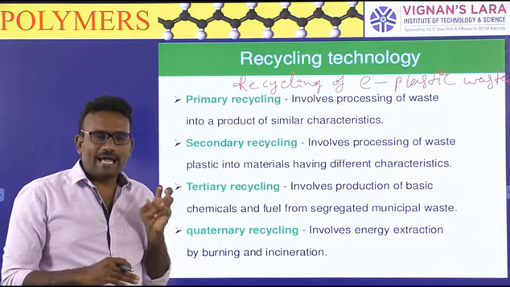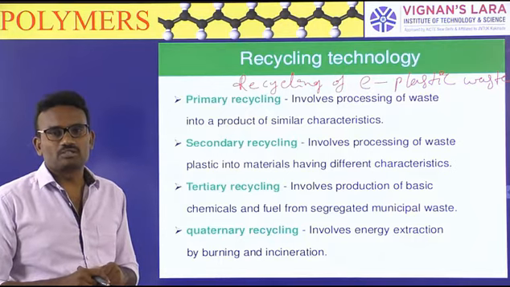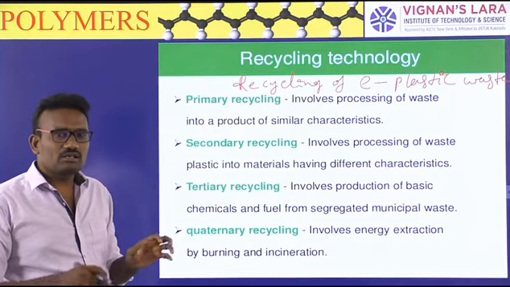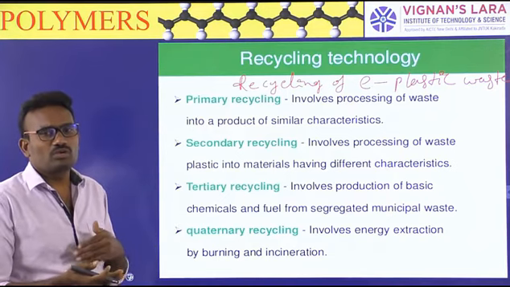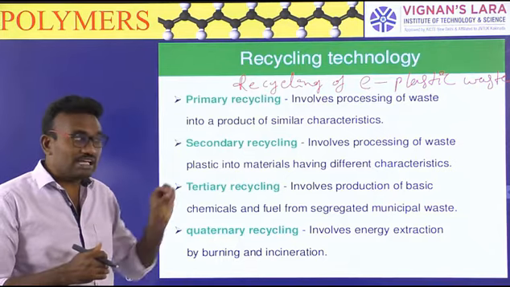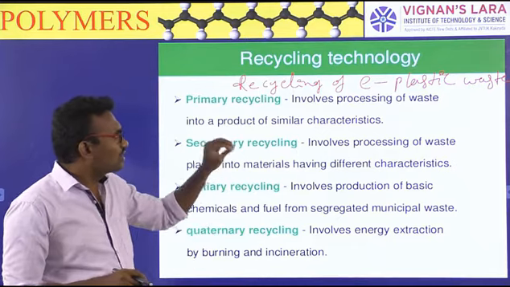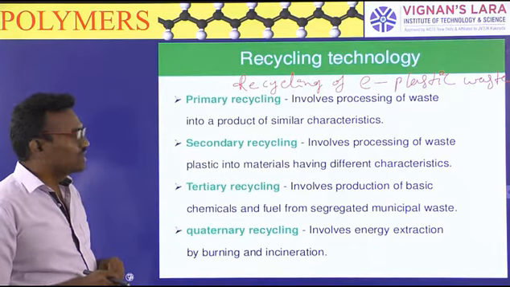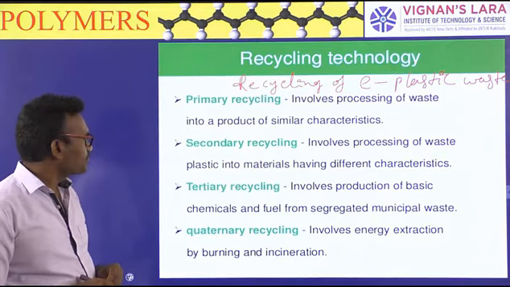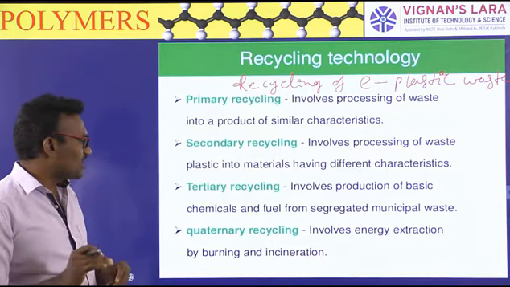The pollution is damaging and affecting the environment. So that's why new technology has improved on how to recycle that waste material. Four types of recycling techniques are available: primary recycling, secondary recycling, tertiary recycling, and quaternary recycling.